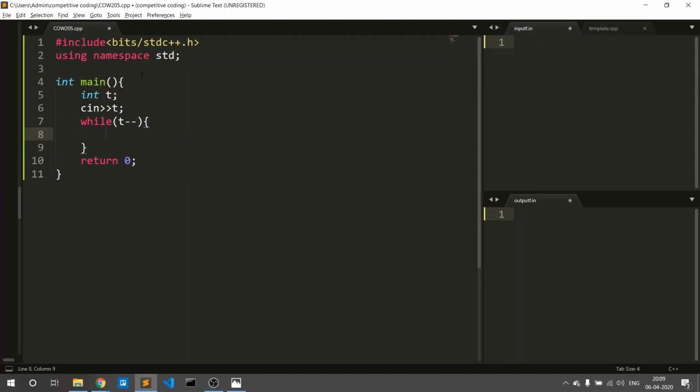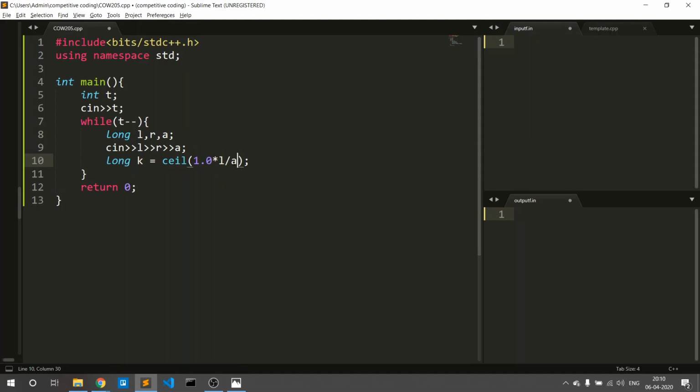So what we are doing here is that since we are given t test cases, we will be looping over the t test cases, right? And we have int L, R and A. So the value of K will be the ceiling of L by A. Why am I multiplying 1.0 to this fraction?